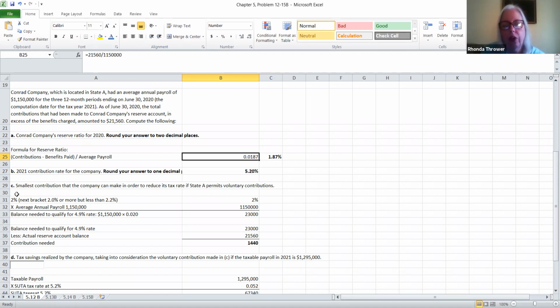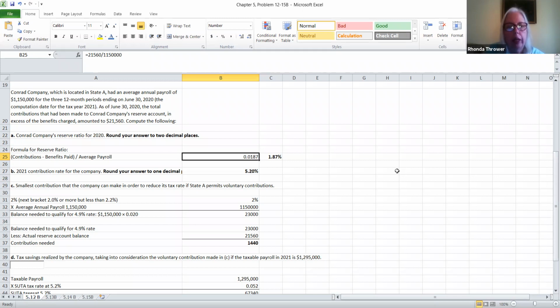So this Part C is going to ask you what's the smallest amount of contribution that this company would have to make in order to reduce its tax rate for the next period. And the way that we do that is we use our tables.